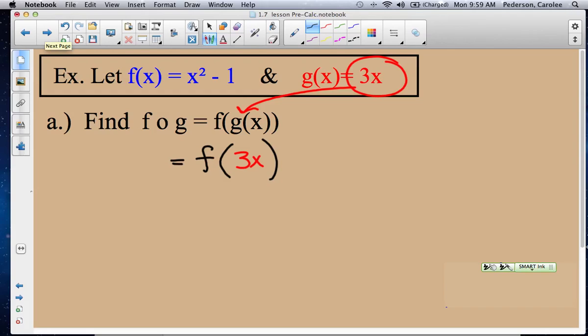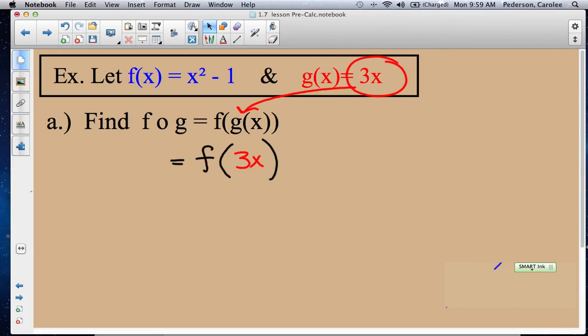Now the next step says take f of 3x. So now what function am I talking about? Now I'm talking about the blue function. And I'm going to evaluate for 3x.